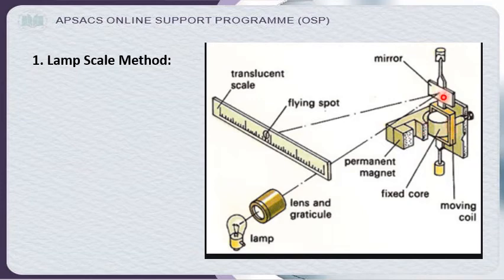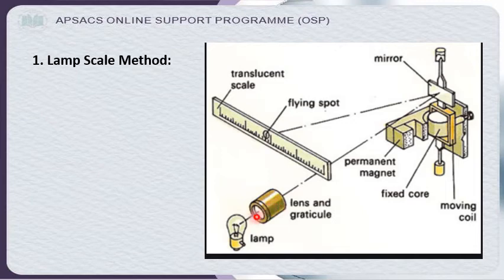As I told you in the previous slide, this mirror has one important function, which is now explained here. This is a lamp and this is a lens.